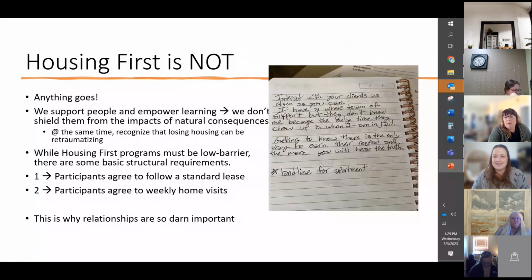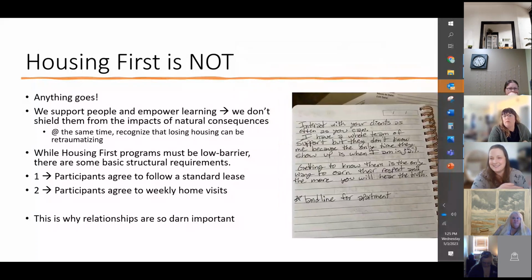This is literally Kelsey's note from a home visit a couple weeks ago, where we were, again, constantly soliciting feedback from our participants. And one of our participants said, interact with your clients as often as you can. She said she has a whole team of supports.